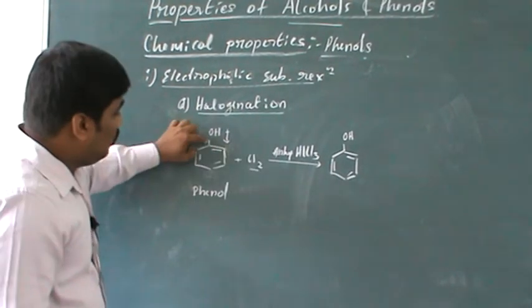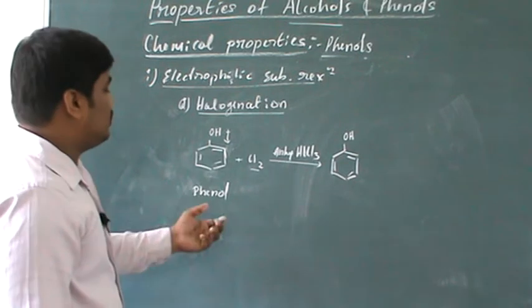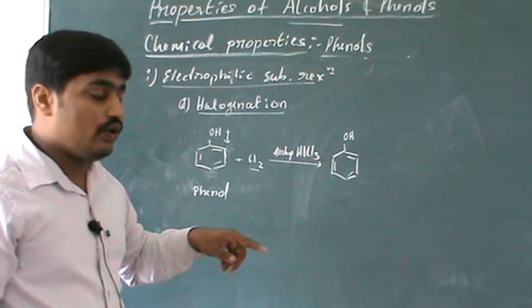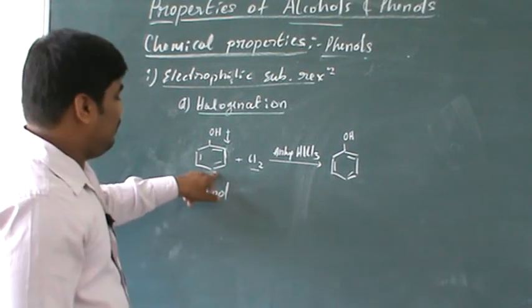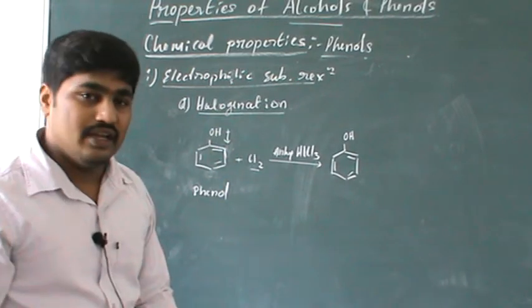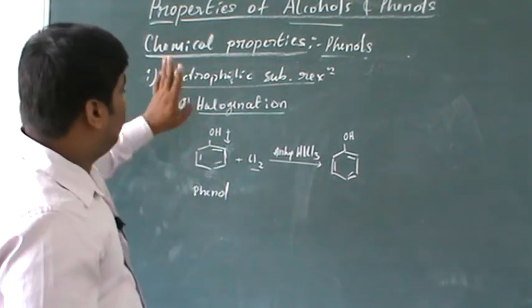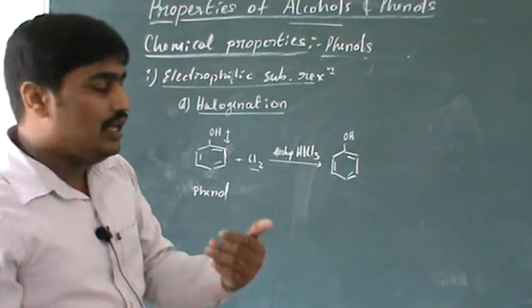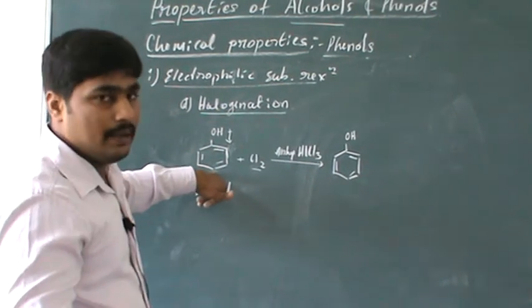The electron donating nature, or EDG, creates an electron rich center on the ortho and para positions, or in the easiest way, the OH group is an ortho para directing group for electrophilic substitution. The electrophile is the incoming reagent, and the OH group directs it to the ortho and para positions.